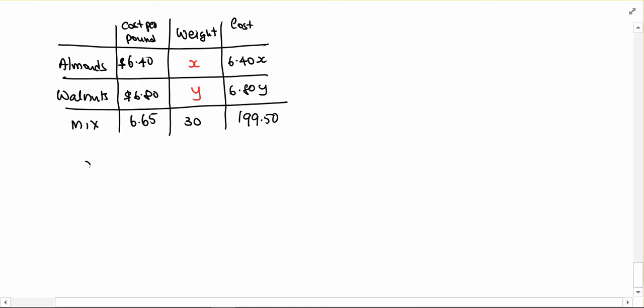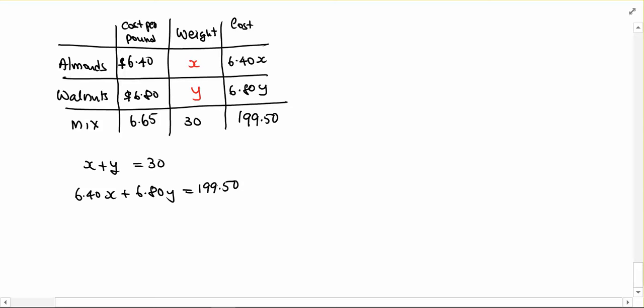So we can say that x plus y is equal to 30. And then 6.40x, the cost of each piece, plus 6.80y must be equal to the cost of the overall mixture. I can use either substitution or elimination. Since I used elimination on the other one, I'll use substitution on this.